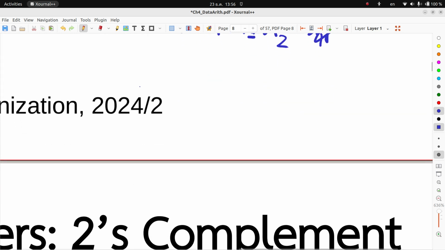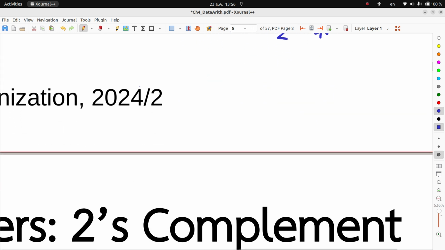Any number you can come up with in 8 bits long. For example, 65. 65 is 64 plus 1. Right? 64 plus 1. What is 64? 64 is 63 plus 1 again.